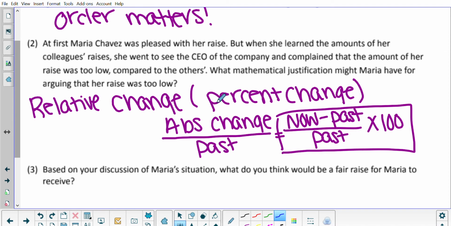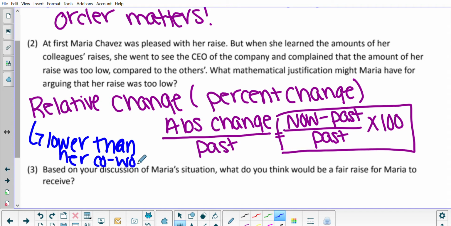Well, she's arguing because her relative change is lower than her coworkers. Okay, they didn't all increase by the same amount. And what I mean by amount, I'm meaning by that percent. Okay, yes, she did make more in the long run, but she doesn't have the same increase, or the same raise as all her other co-workers.